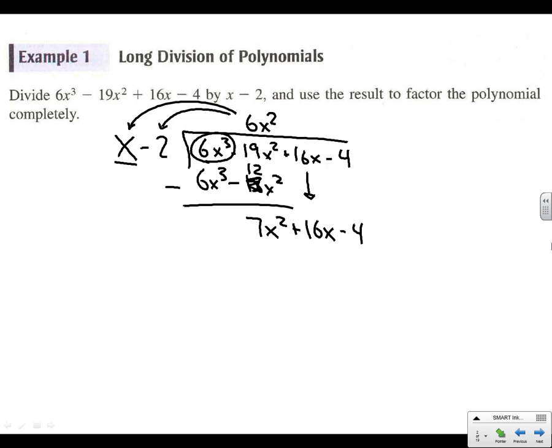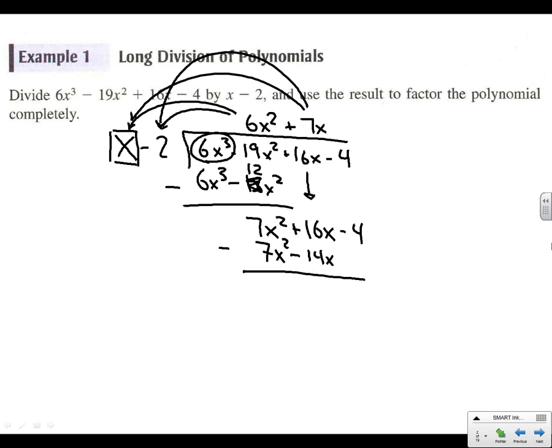What's negative 7x squared divided by the leading term x? If you said negative 7x, you are correct. Let's distribute back in. So negative 7x times x is negative 7x squared. Negative 7x times negative 2 is positive 14x. Let's subtract straight down.